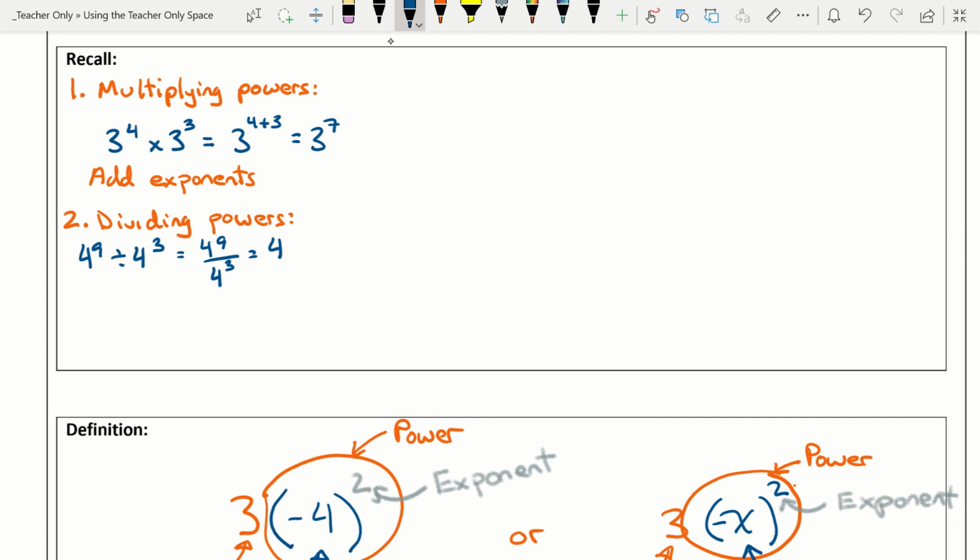We get 4 raised to 9 minus 3, which gives us 4 to the 6th. So what do we do? We subtract exponents.